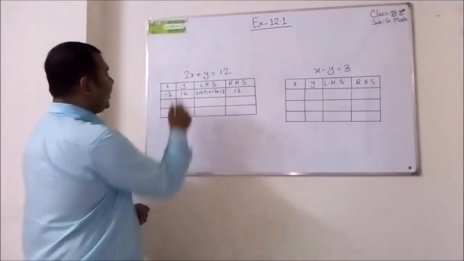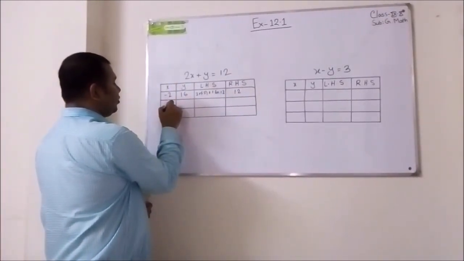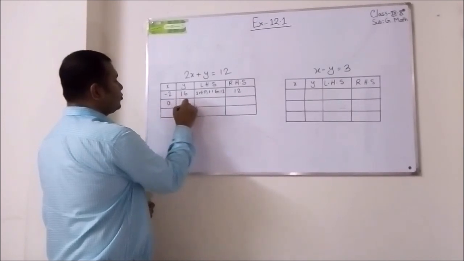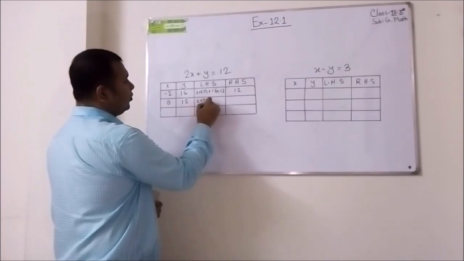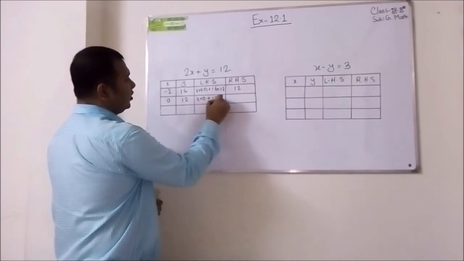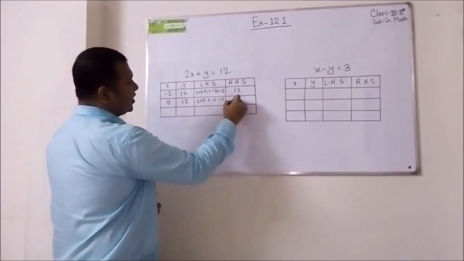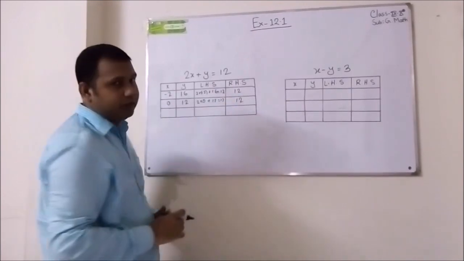Similarly, if we take x equal to 0 and y equal to 12, you will get 2 into 0 plus 12, that equals 12, whereas your right hand side is also 12.